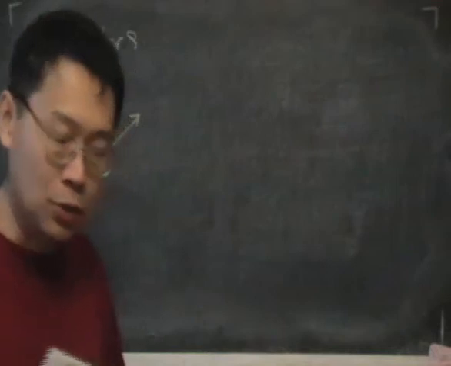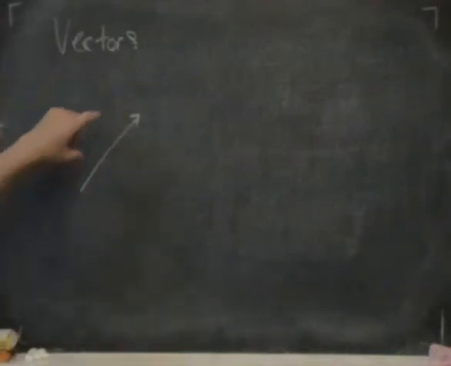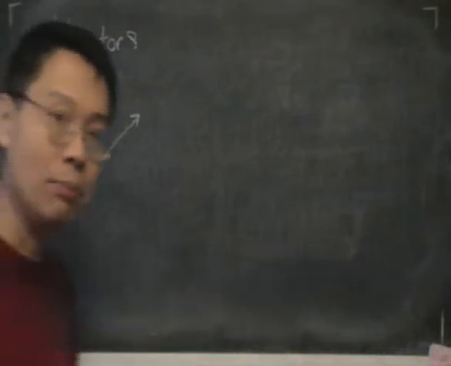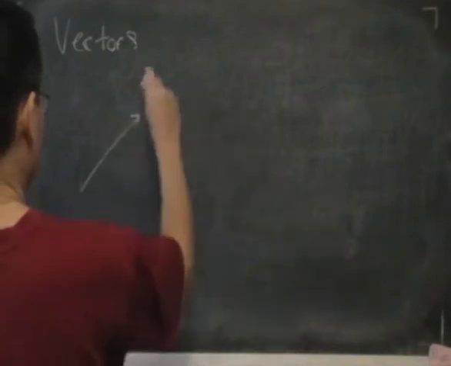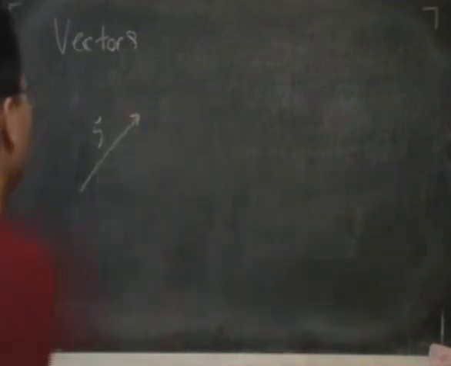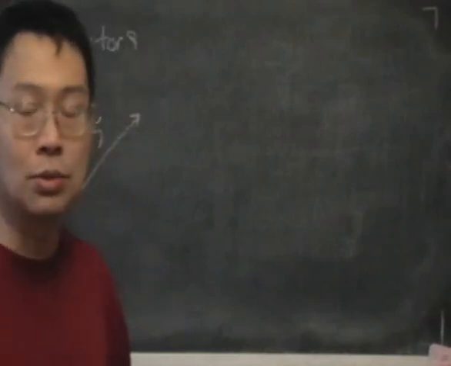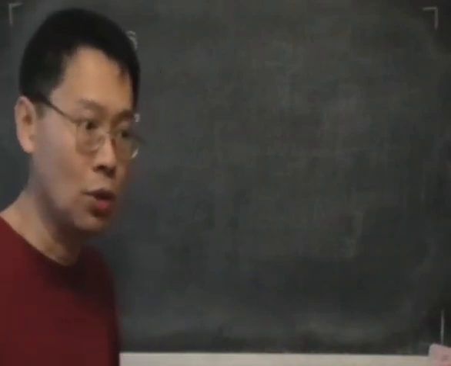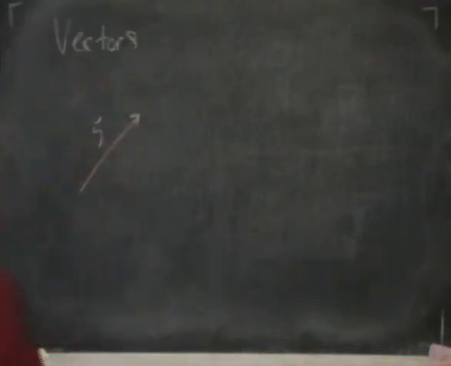And you can describe a vector by two numbers, one number being the magnitude, like for example you can say that the magnitude of this is 5, and 5 can be the force, like 5 newtons, or distance like 5 meters and so on, and a direction.